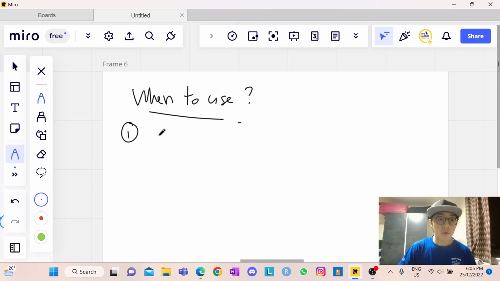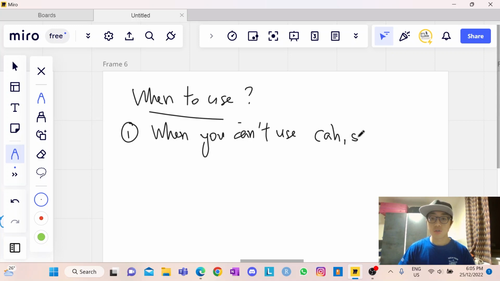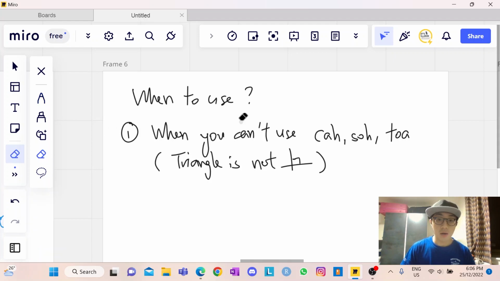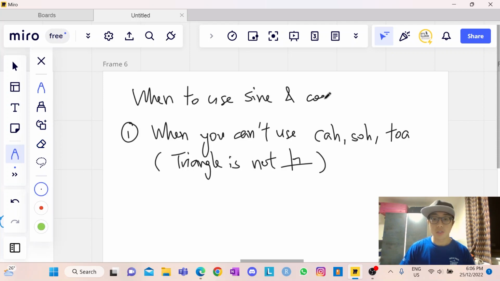Number one, when you can't use SOH CAH TOA, which in this case is when the triangle is not right angled. When the triangle is not right angled, you don't need to waste your time looking for a way to make it right angled. You can just use the sine and cosine rule.